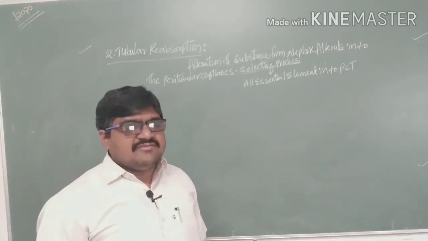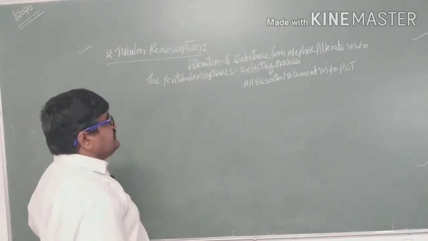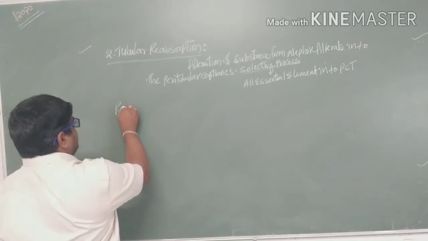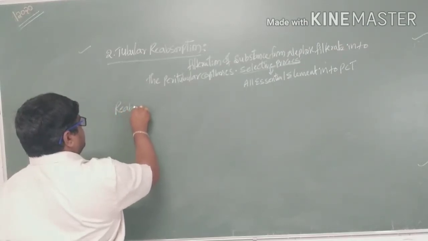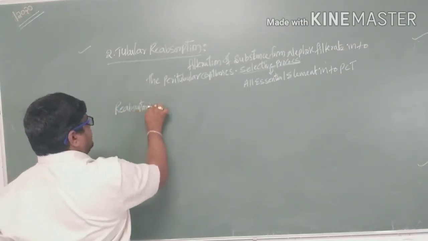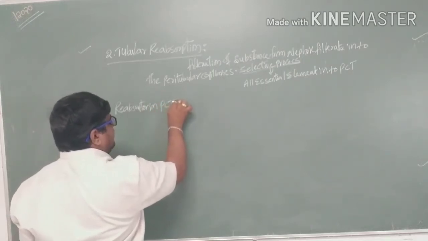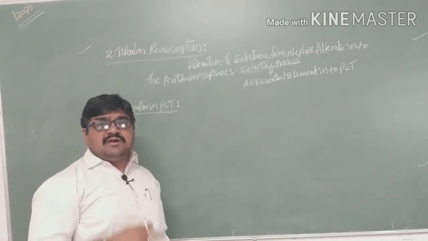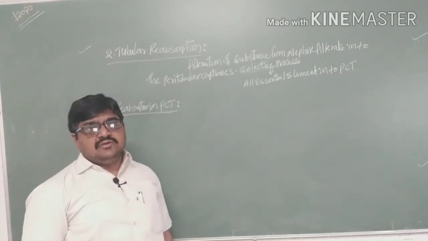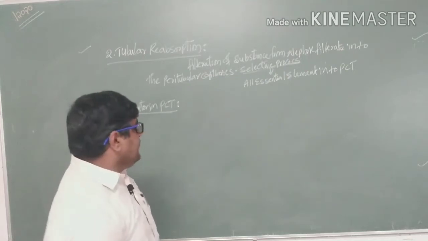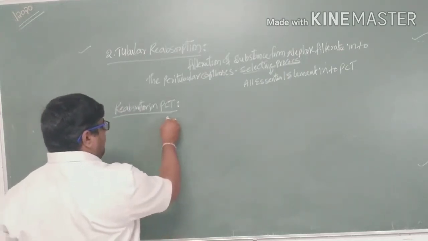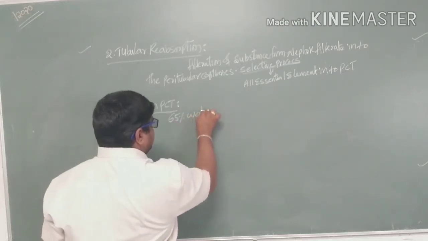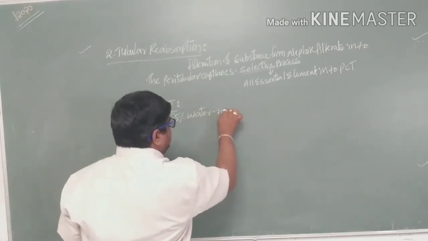So first, the reabsorption in the proximal convoluted tubule, that is the PCT. Here 65% of water is reabsorbed.